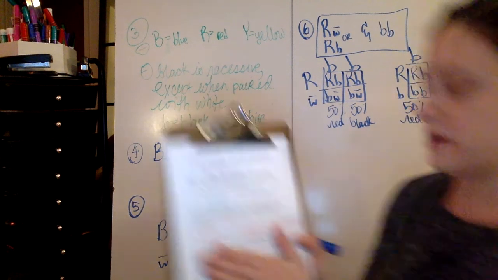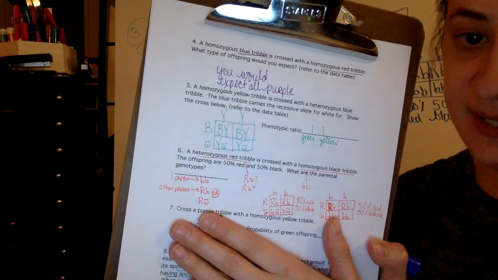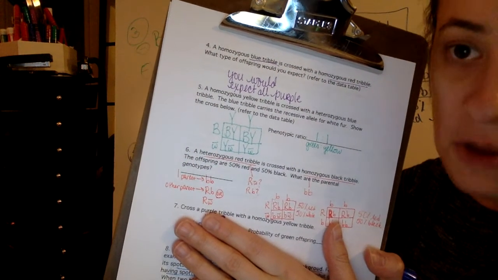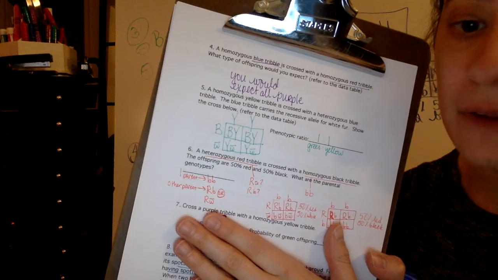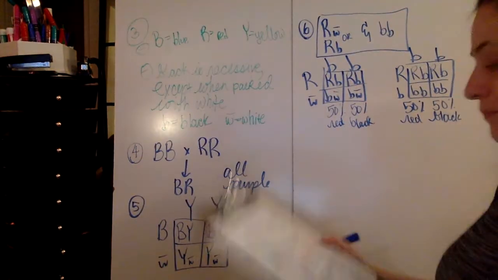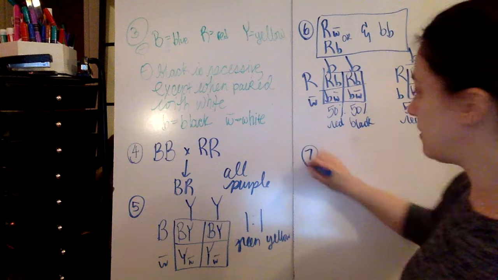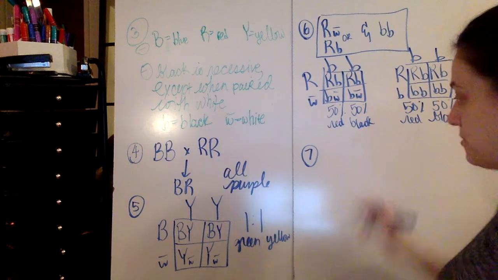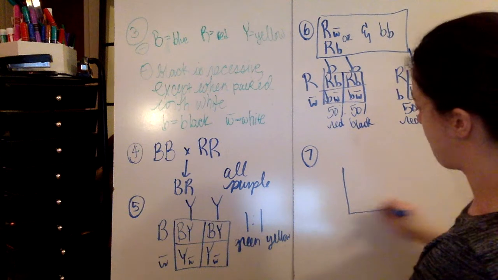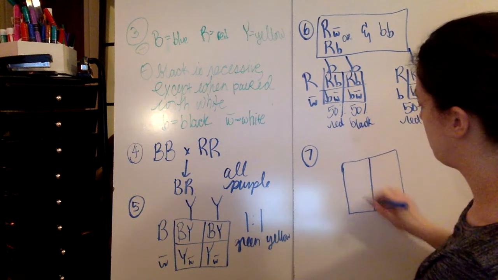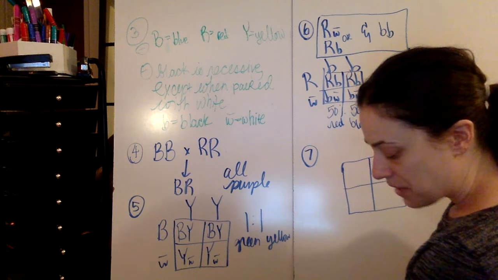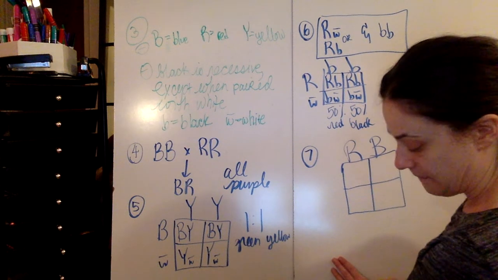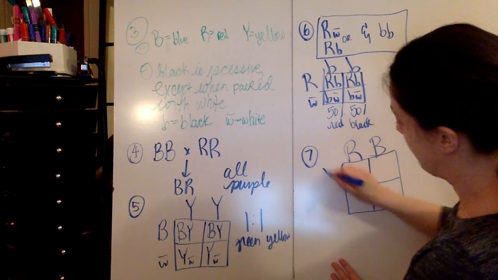Then for number 7: cross a purple tribble with a homozygous yellow tribble. We'll set up that Punnett square here. The purple will have 1 R allele and 1 B allele, and the yellow will have 2 Y alleles.